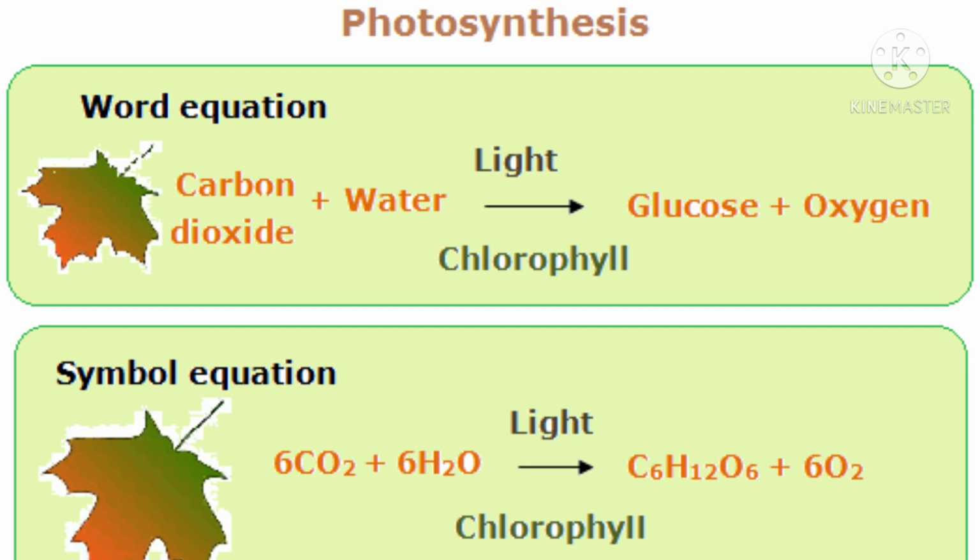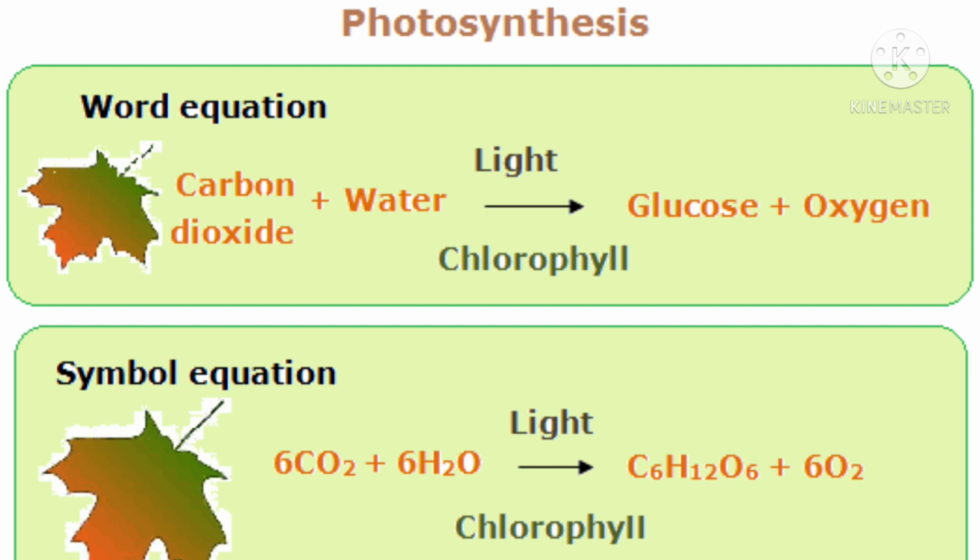So when carbon dioxide and water react with each other in presence of sunlight and chlorophyll, they produce glucose and oxygen. The formula of carbon dioxide is CO2, the formula of water is H2O, glucose is C6H12O6 and oxygen is O2.